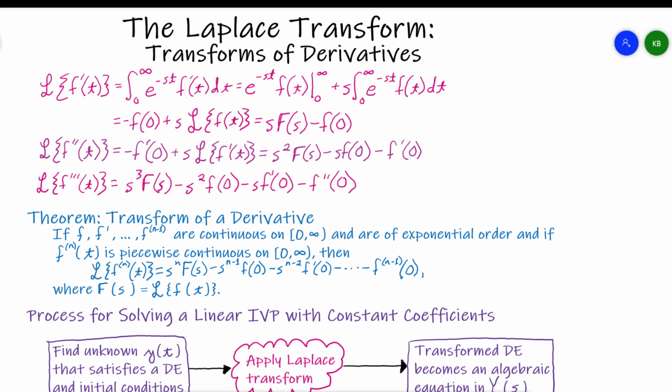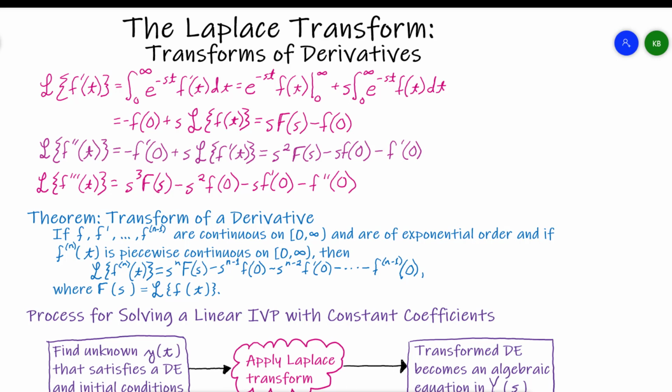Now let's take a look at the Laplace transform of the second derivative. I'm going to save us all a little bit of mental anguish by not writing out the integration by parts that comes along, but it's going to follow a similar pattern, and what we're going to end up with is minus f prime of 0 plus s times the Laplace transform of the first derivative of f.